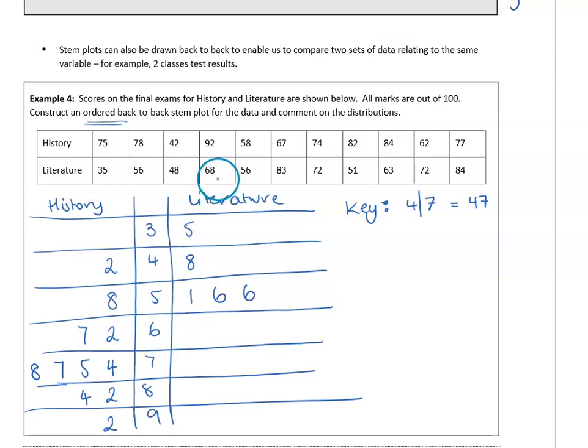In the 60s, I have 68, 63, so 3, then 8, working my way out. 70s, 72, and 72 again, so 2 and 2. 80s, I have 83 and 84. And nothing in the 90s. And again, a quick count, 11. I have all of my data there.